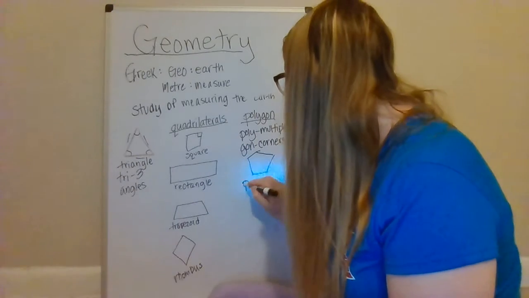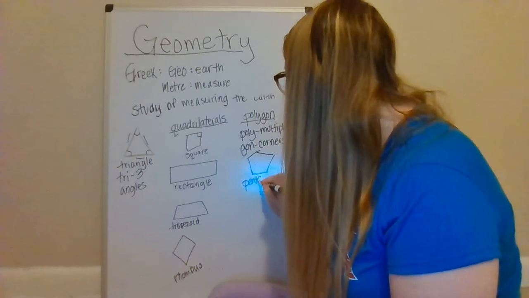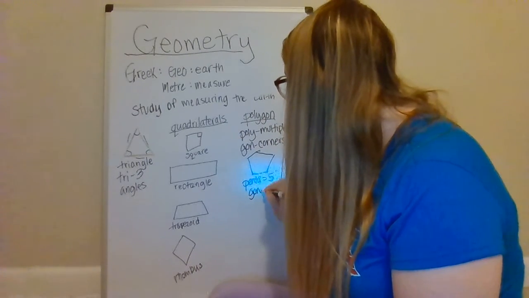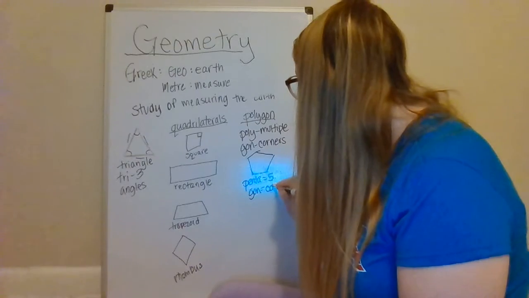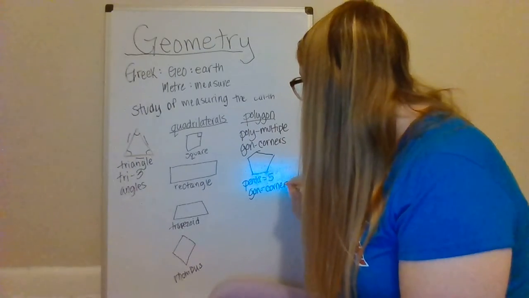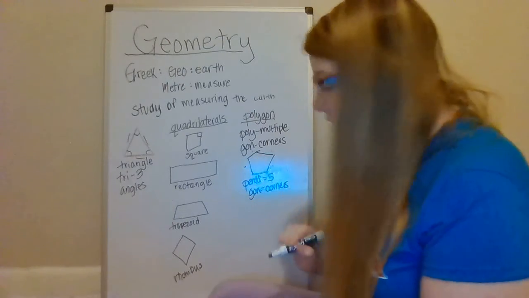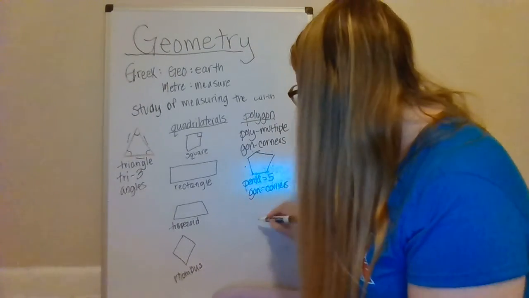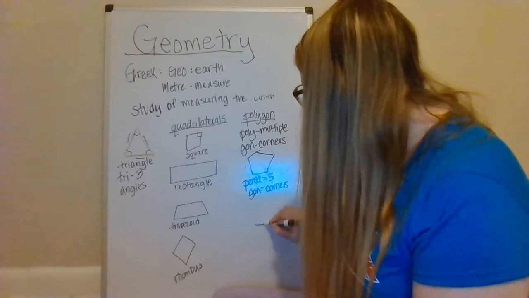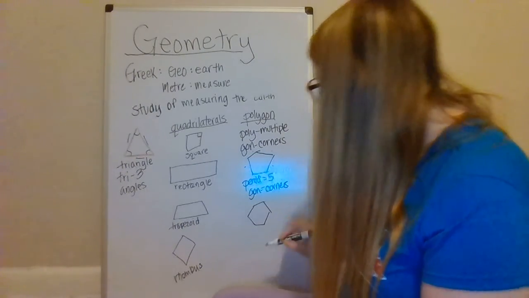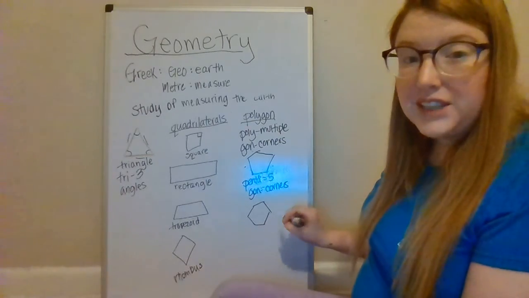That's because penta means 5. Gon means corners. So 1, 2, 3, 4, 5. Then the next one that we get into, which is what I was drawing earlier, has 6 sides and 6 angles.